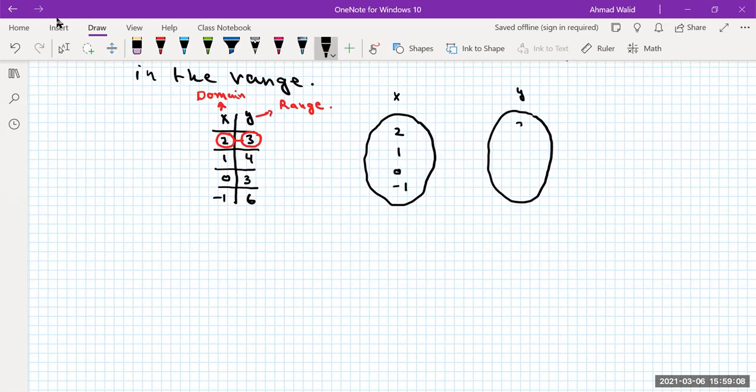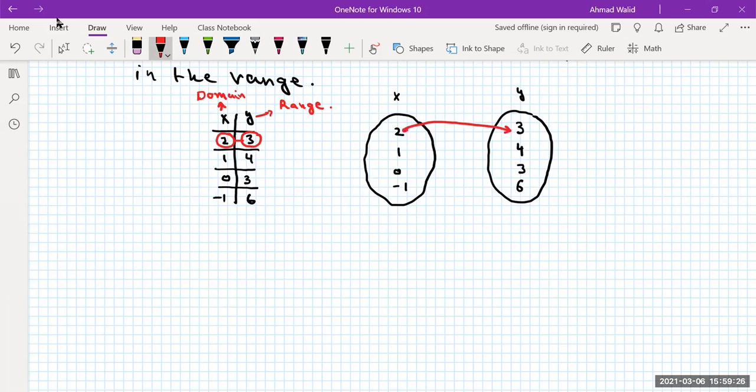In Y you have 3, 4, 3, and 6. Let's draw some arrows. When X is 2, Y is 3.